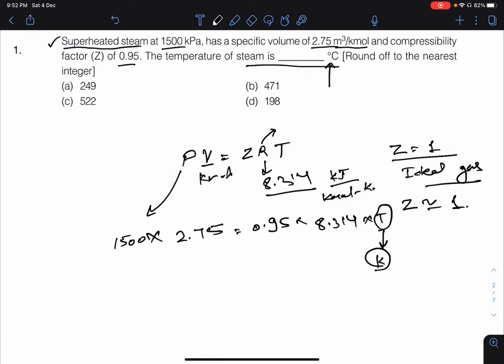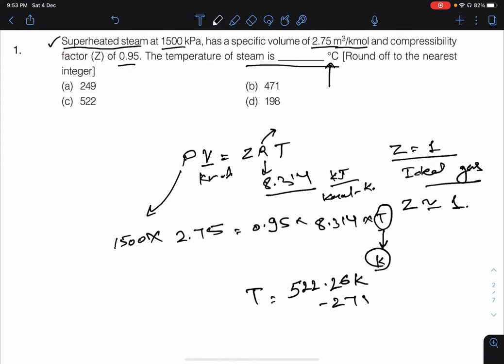for degrees Celsius. So we have to subtract 273 from this equation. The temperature that will come out will be 1500 divided by 2.75 divided by 0.95 divided by 8.314, that is 522.26 Kelvin.